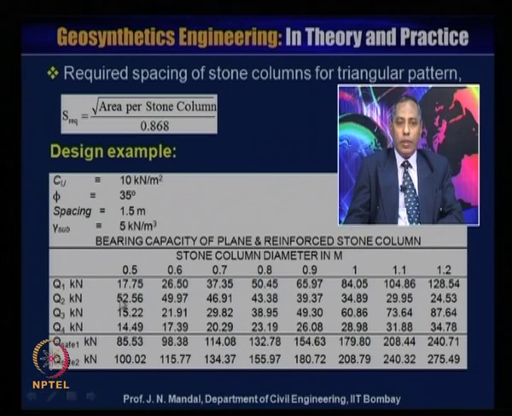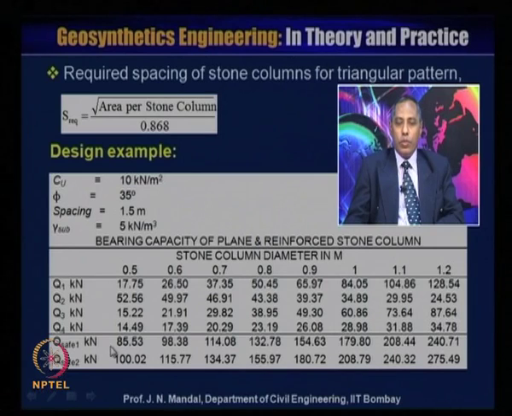So, you can see that for a particular stone diameter, let us say when the diameter is 1.2, Q1 you are having bearing capacity 128.54, Q2 24.53 and Q3 is 87.64 kilonewton and Q4, that is due to the geosynthetic material, 34.78.